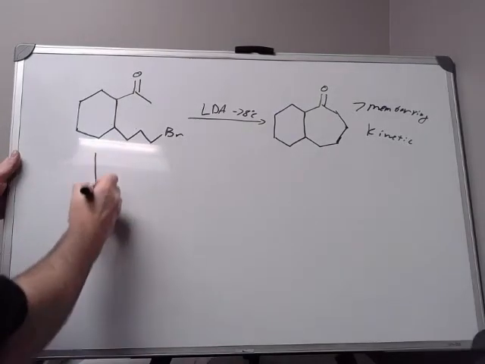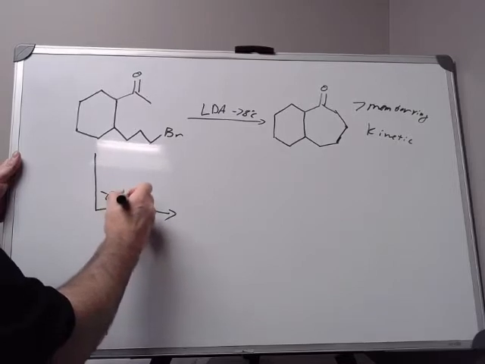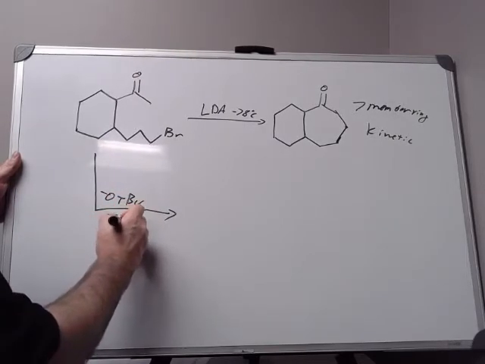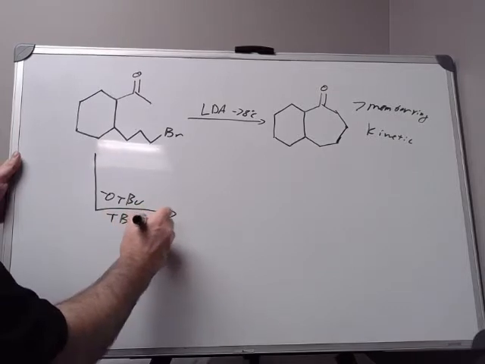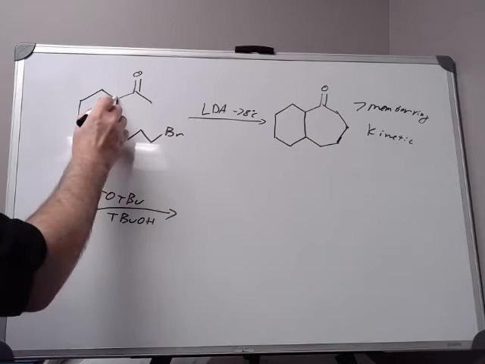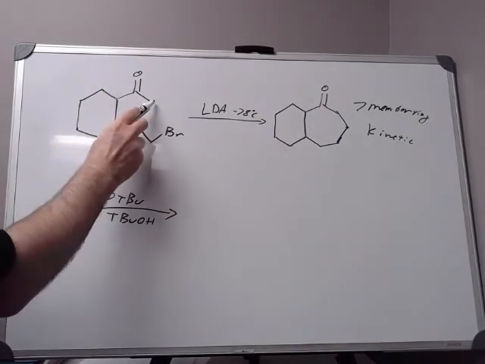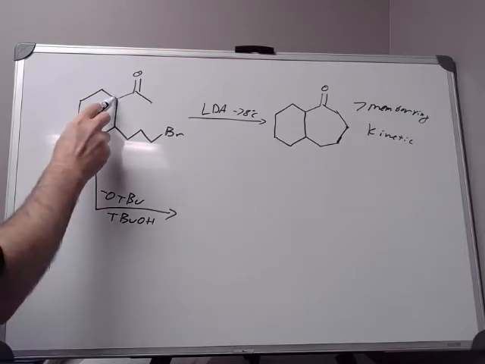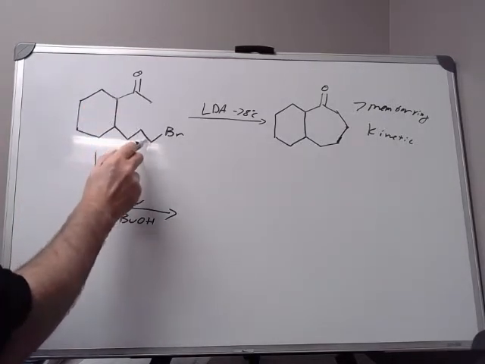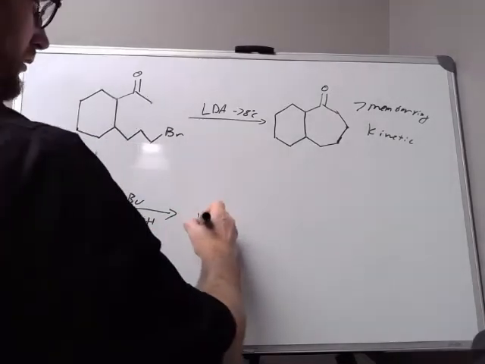If instead of using LDA, we used tert-butoxide in tert-butanol, then we would deprotonate at this alpha carbon instead of the methyl alpha carbon. We would deprotonate here on this ring, and we would form a 1, 2, 3, 4, 5-membered ring instead of the 7-membered ring.